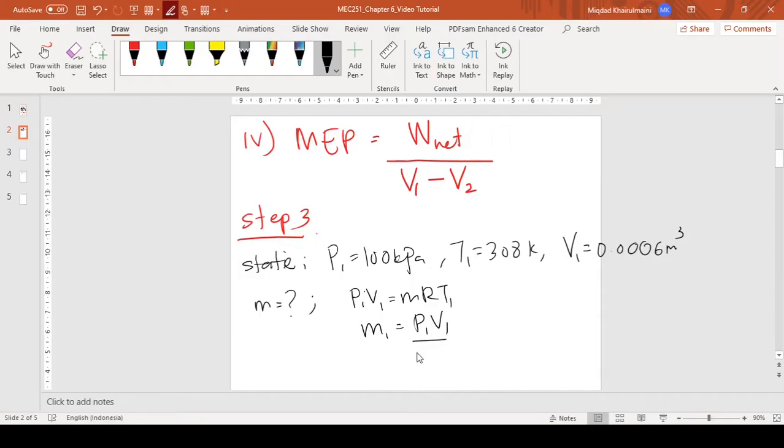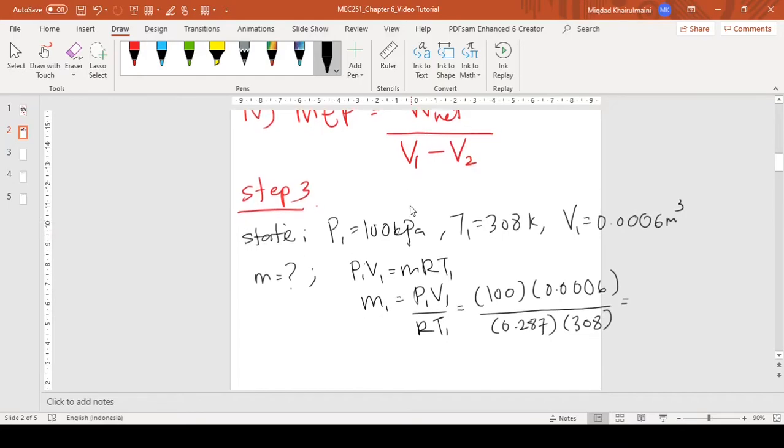Substituting the values, for R, since the substance is air, R is 0.287, and the temperature is 308. So we can calculate and get the mass answer, 0.00068 kilograms.